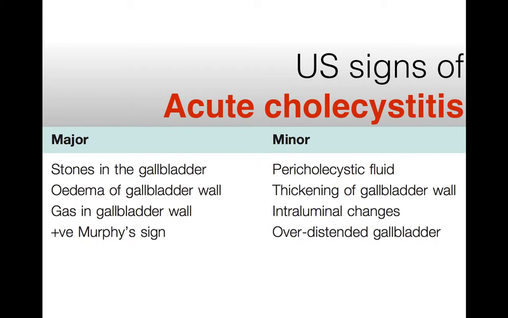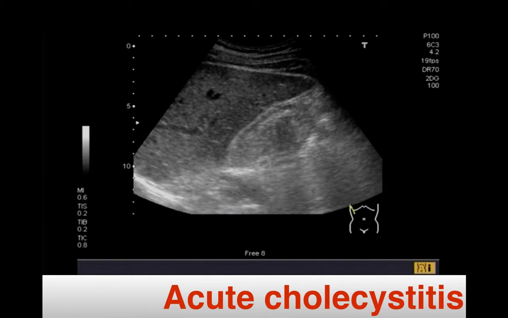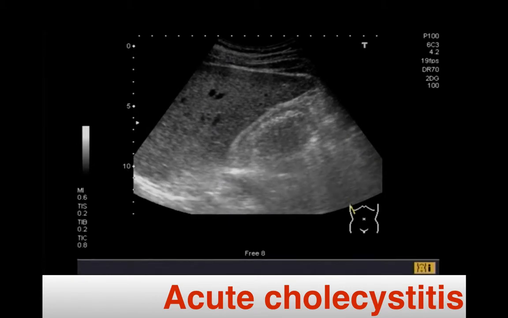So the echo-Murphy sign is more meaningful than the traditional way. The other findings, like pericholecystic fluid or overdistension, you will also observe when you scan for acute cholecystitis, just like in this video.